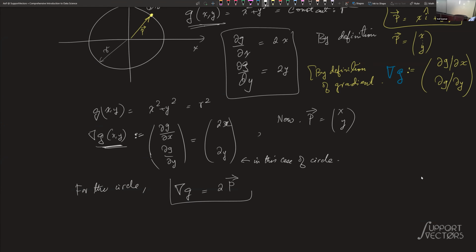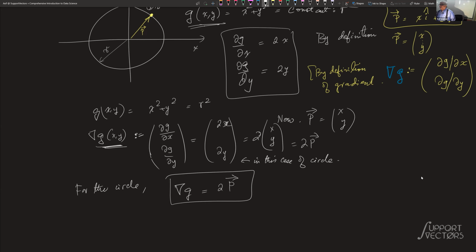Does this make sense? In this particular case, it is equal to 2 times xy, which is equal to 2 times the p vector. Do you see the connection here, guys?